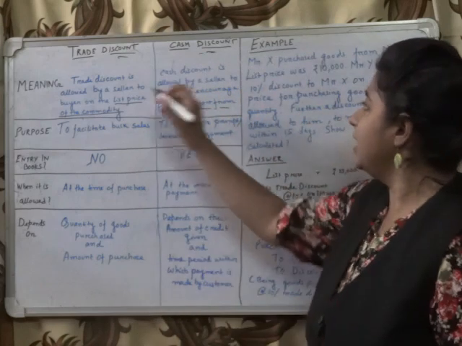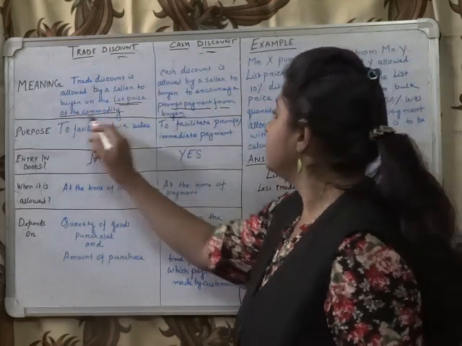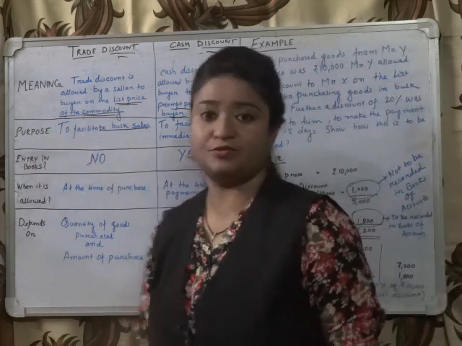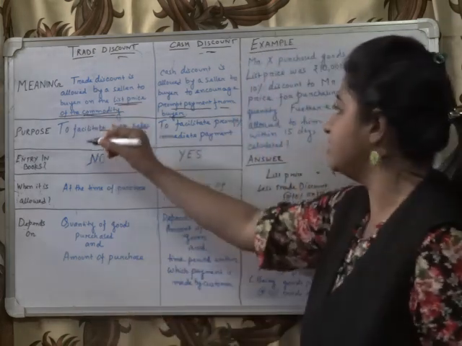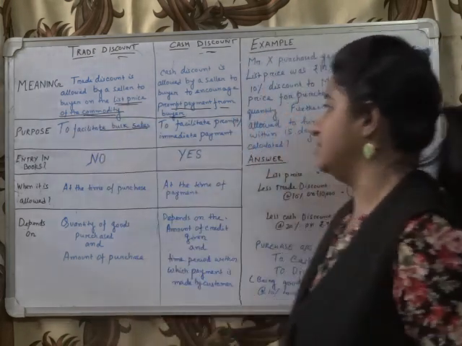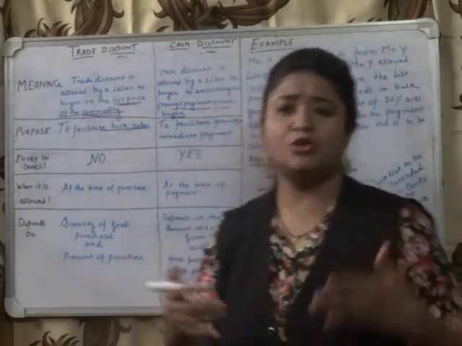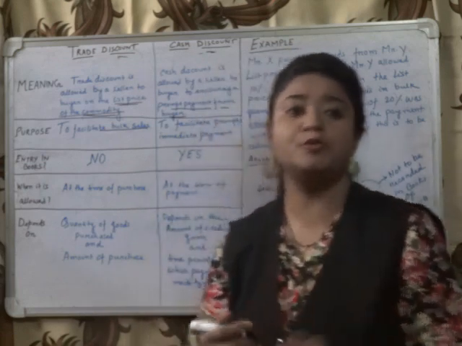Okay. So for trade discount, the basic purpose is to make bulk sales. Second point, let's see: purpose. I have written it separately so that it is easier to understand. To facilitate bulk sales: actually, to make these bulk sales, the trade discount is given. Usually it is given by a wholesaler to a retailer to boost up the sales.